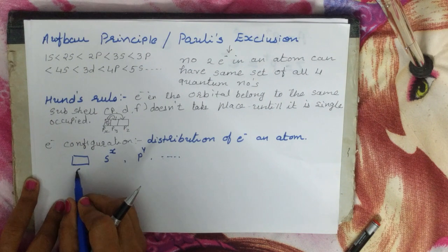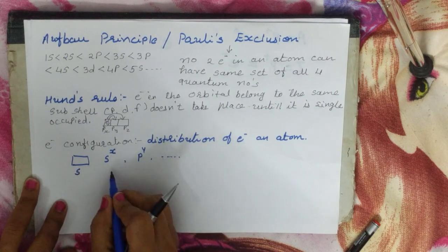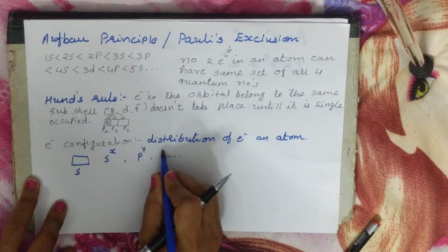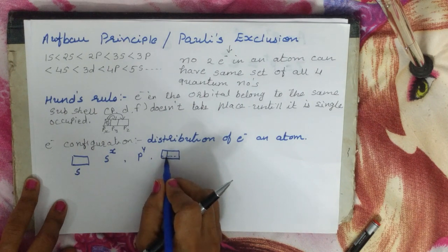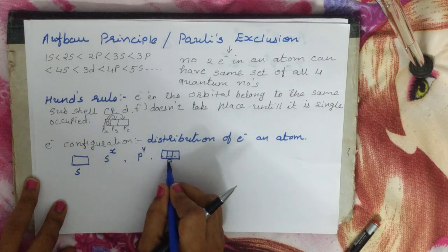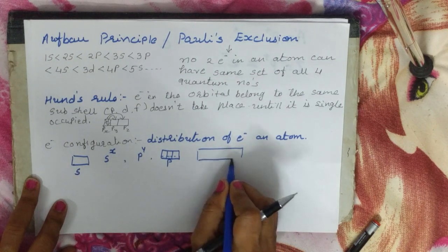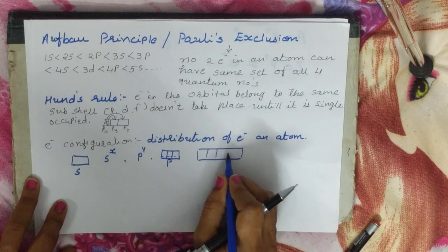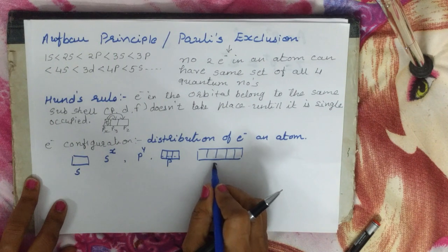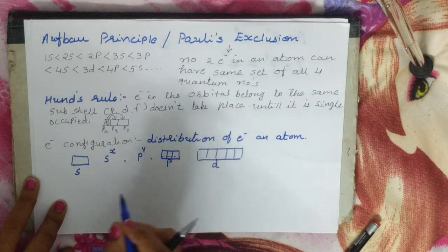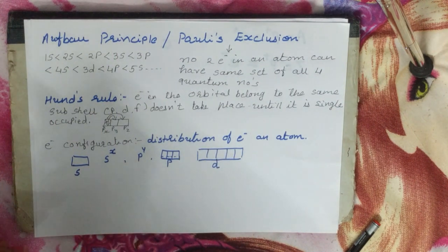So for S we can write S as an orbital diagram, the same way for P, this is the orbital diagram, then the same way for D, 1, 2, 3, 4 and 5. So this is an orbital diagram. In these two ways we can write the electronic configuration.